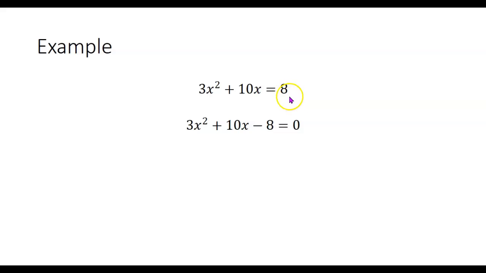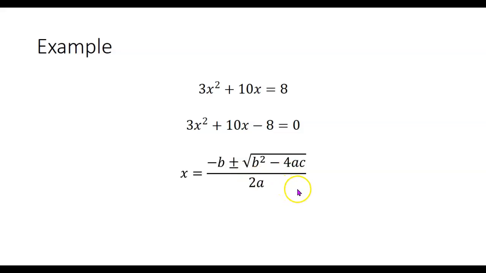Right now there isn't a 0 on one side, there's an 8. So we would subtract 8 on both sides. Now we're ready to start putting numbers into the formula. So the numbers we're going to be putting in for A, B, and C are the 3 and the 10 and the -8.